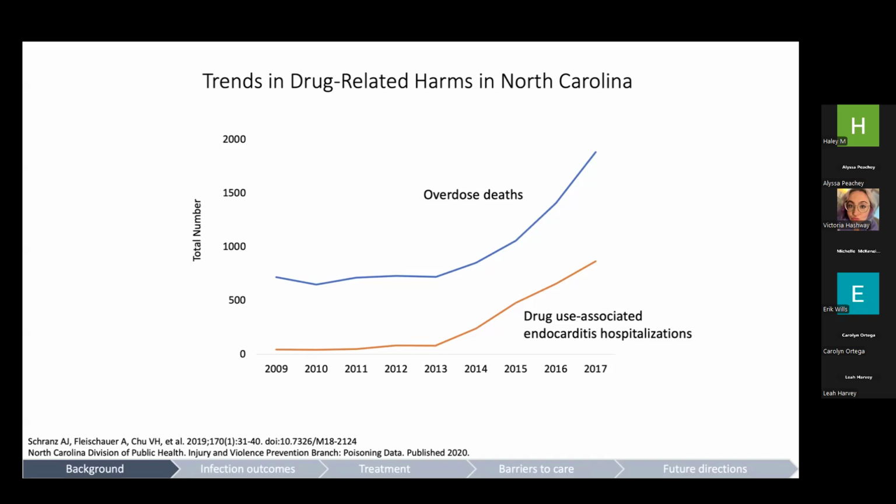One of my mentors, Asher Strands, had started looking into drug use associated endocarditis, noticing that there were similar increases. When we compared the trends of both of these health outcomes, you can see a mirroring increase during these two times.